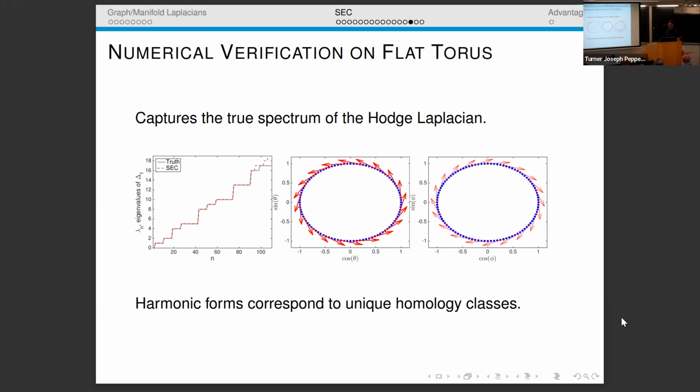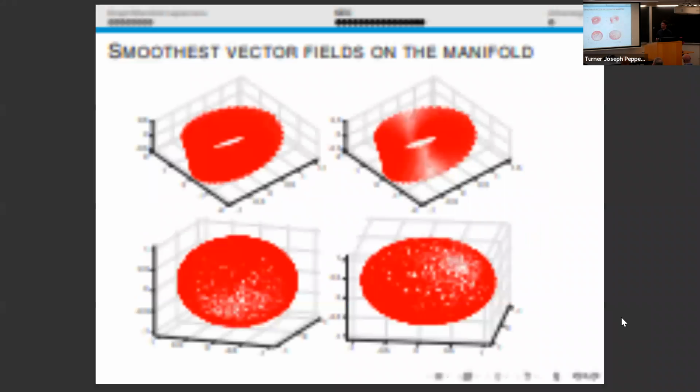But on a flat torus, you can find analytically the right answer, so we could check to make sure that the formulas are really working. And then you get these eigenvector fields. There's this correspondence theorem that says that the kernel of the Hodge Laplacian corresponds to the homology, so each harmonic form should correspond to a unique homology class. These are the d theta and d phi vector fields that correspond to those homology classes.